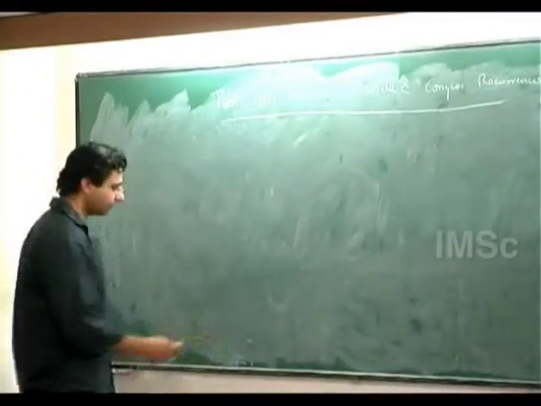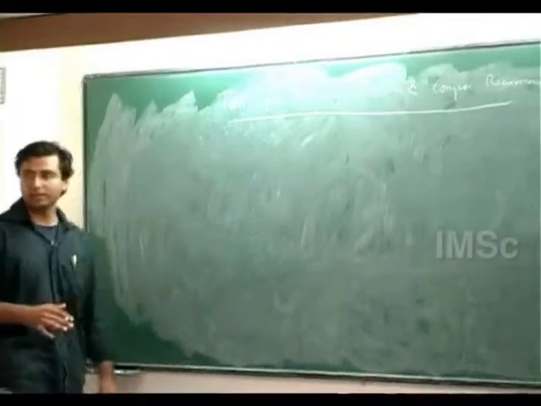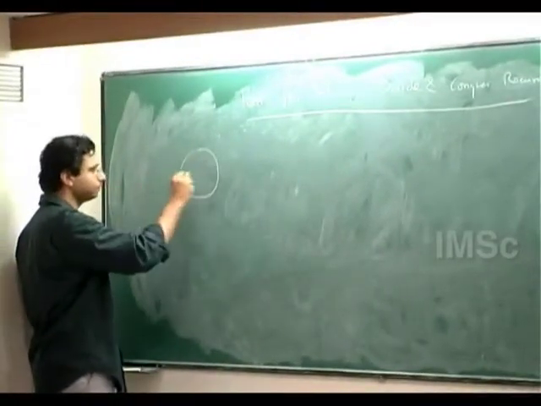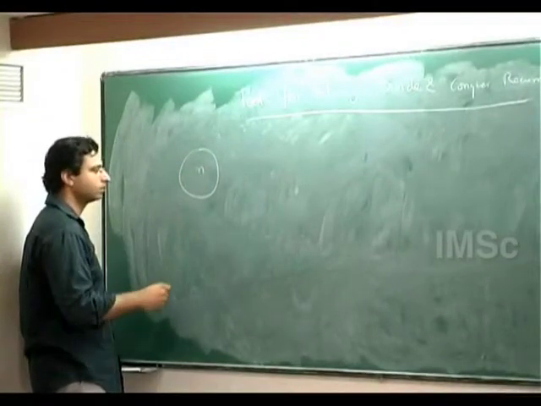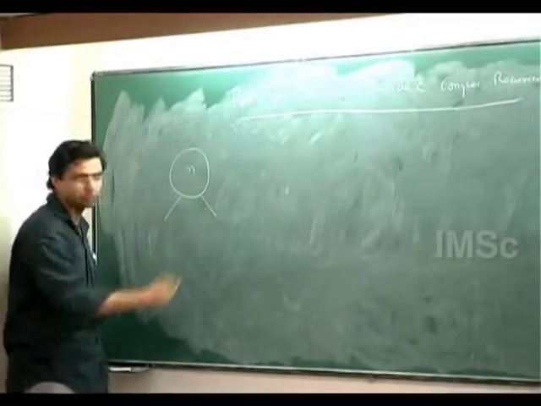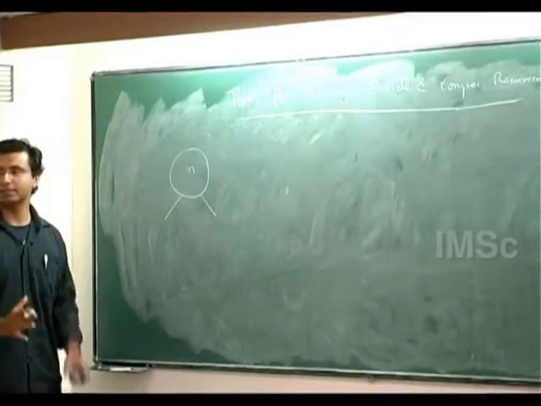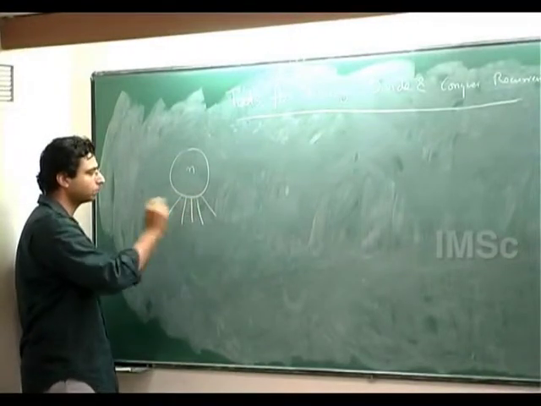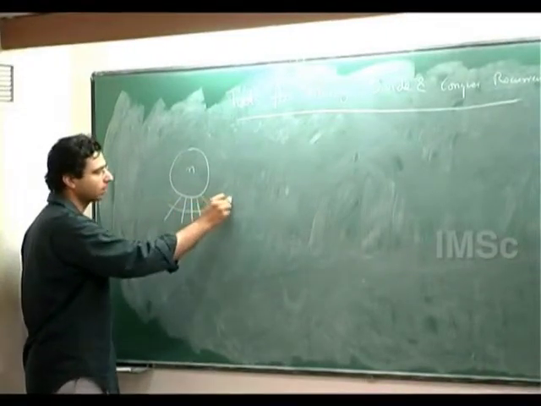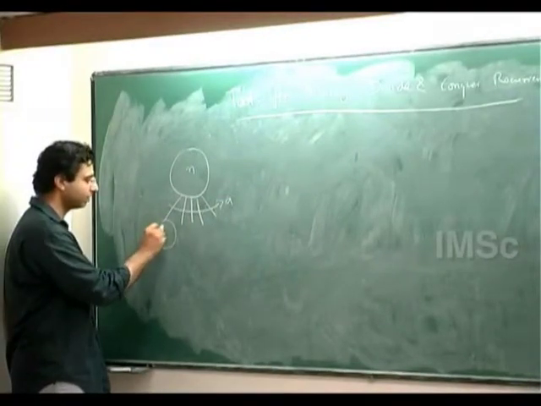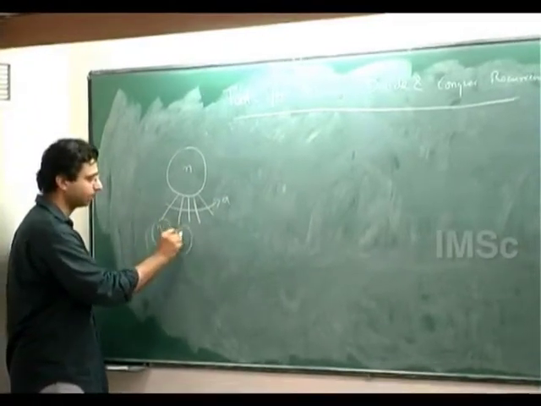So as was mentioned, a general divide and conquer approach does the following. We have a problem of size n, and in the previous lecture we had seen that the problem was split into two parts of some smaller size. But in general what we do is we split it into, say, A parts, and say each of them is of size roughly n by b.